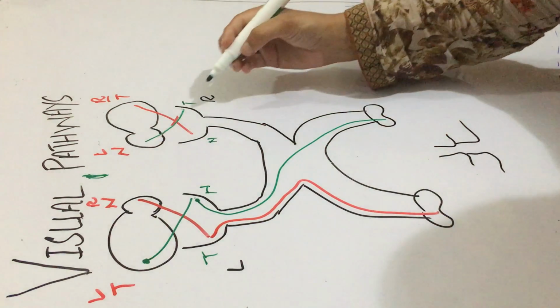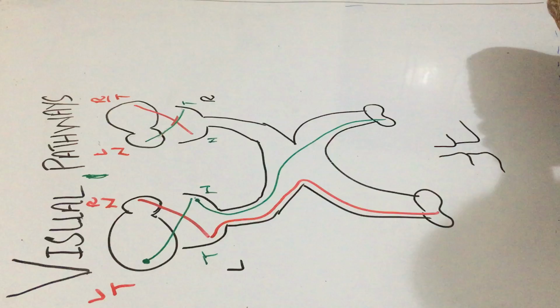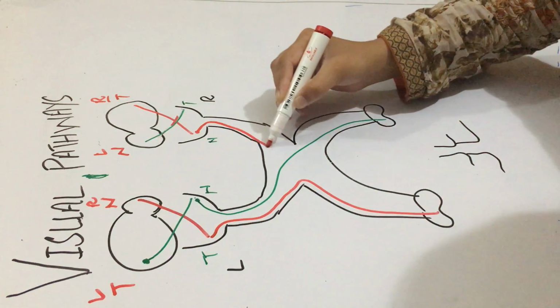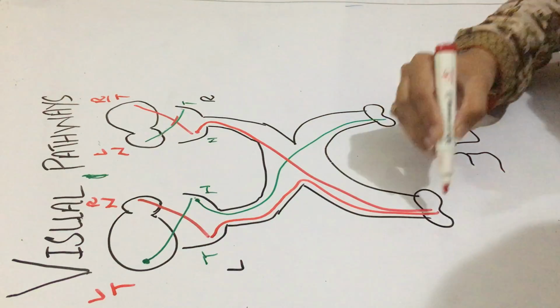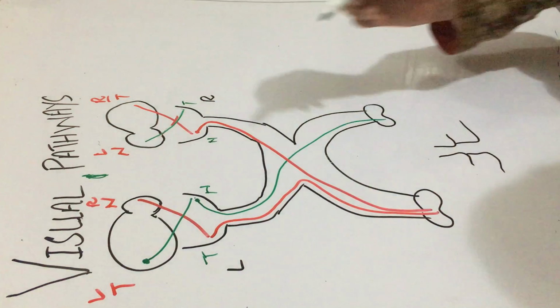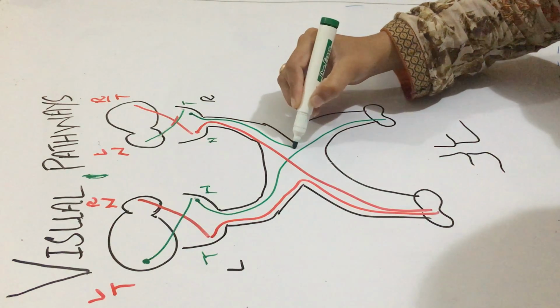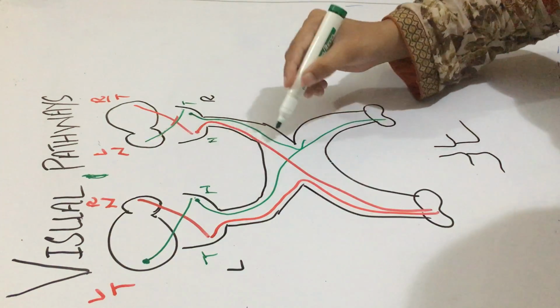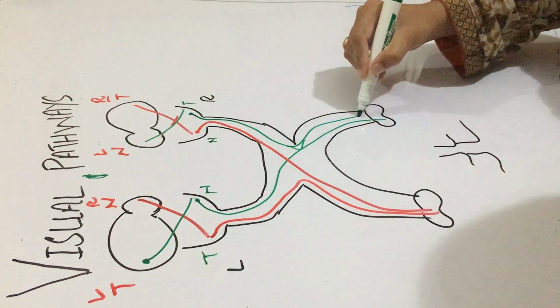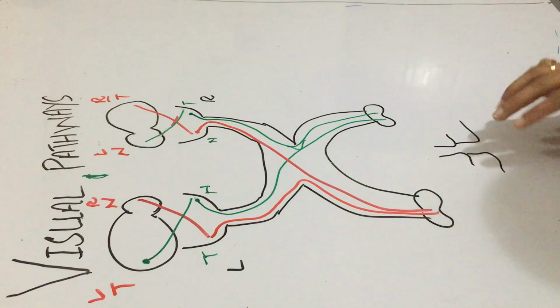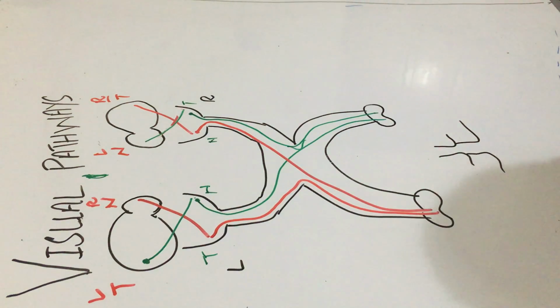In the opposite eye, the same: the nasal fibers will cross to the opposite side, while the temporal fibers will not cross.